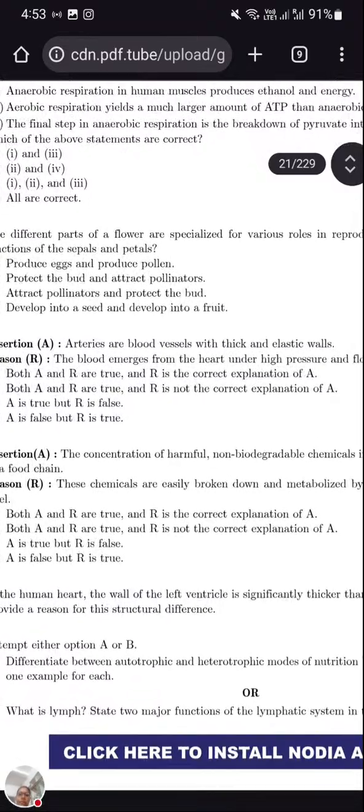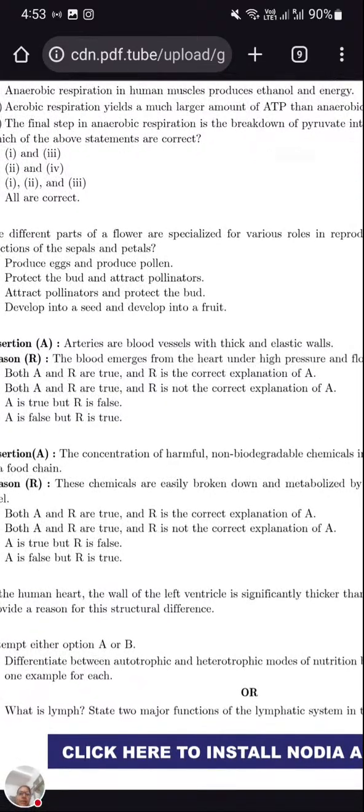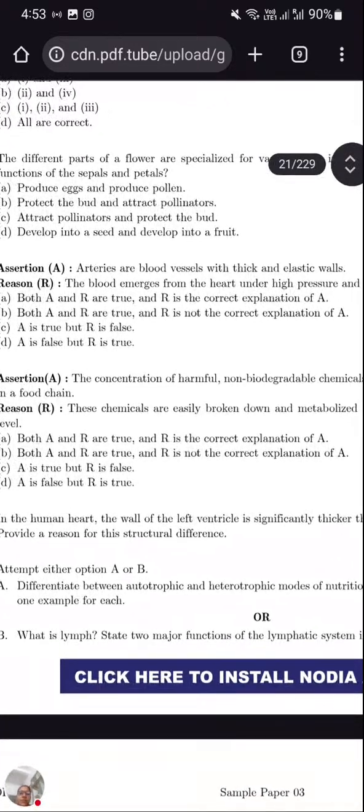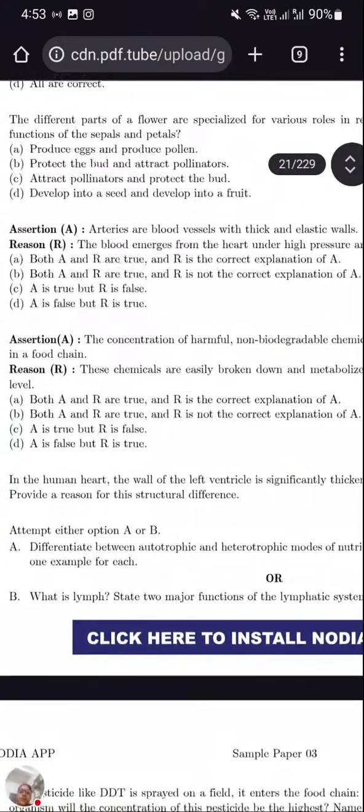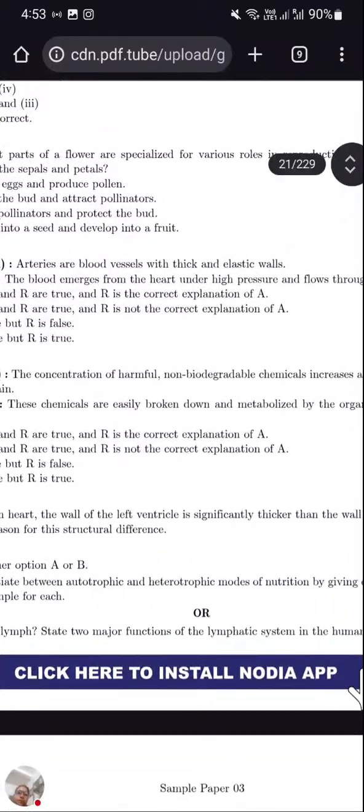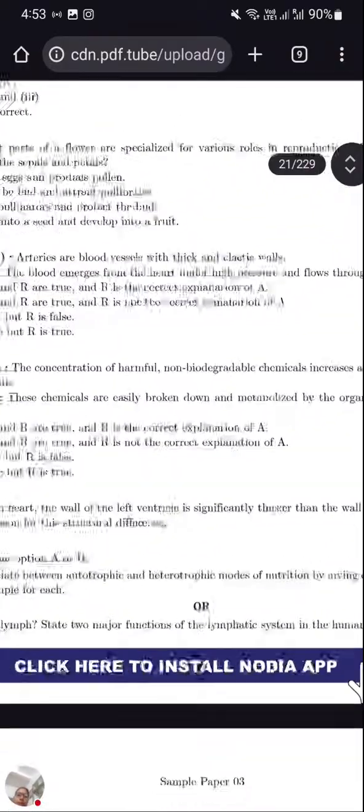Now for the assertion, it is given that arteries are blood vessels with thick and elastic walls. The assertion is correct. Why do arteries have thick and elastic walls? The reason given is that blood flows in arteries with high pressure. As the walls have to withstand high pressure, the walls of arteries are elastic and thick, because blood emerges from the heart under high pressure and flows through the arteries.